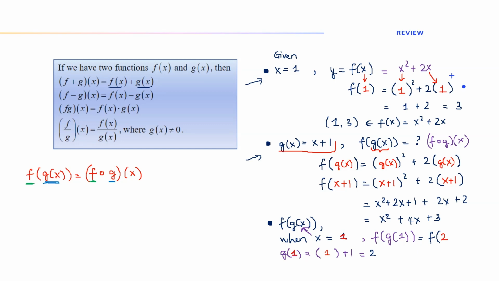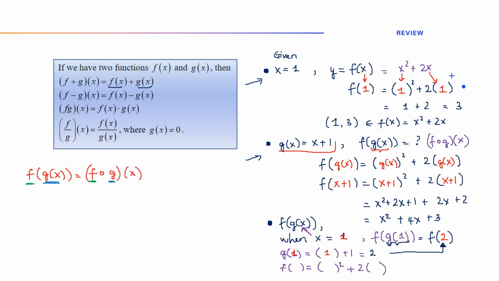Why 2? Where did it come from? Here, because g of 1 is 2. Right? Now we find f of 2 by plugging 2 inside the function f of x. So f of 2 equals, now f of x equals x squared plus 2x.